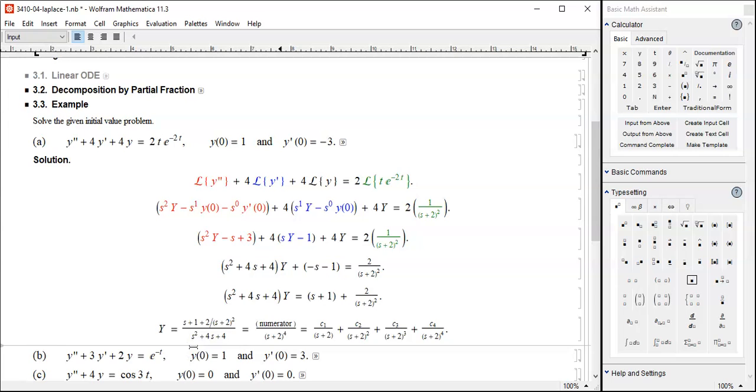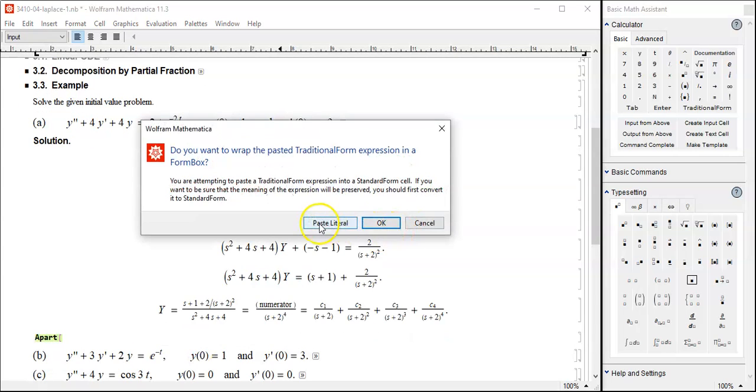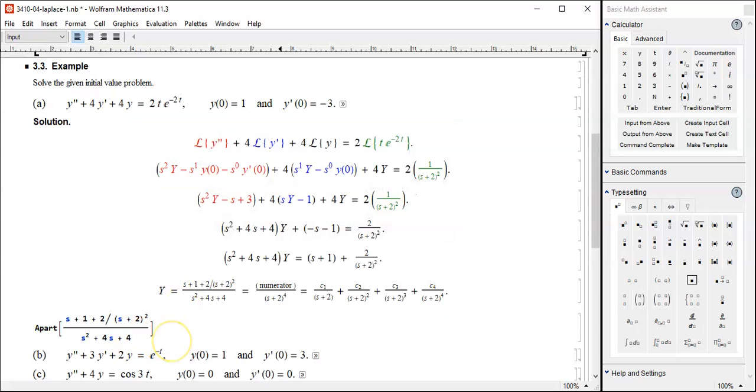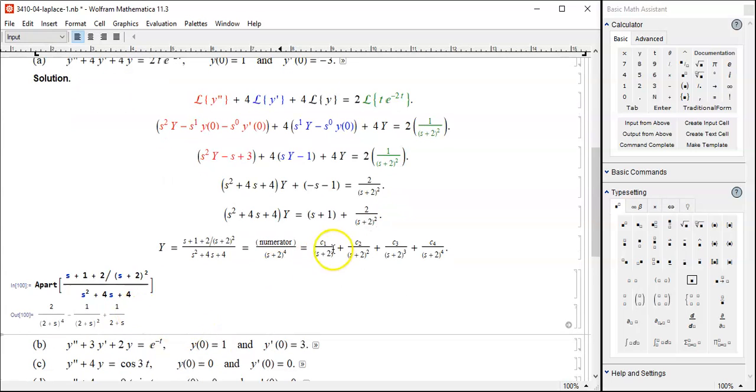Take that and I'll ask Mathematica to do the computation. And it appears that I'm going to get 1 over S plus 2 minus 1 over S plus 2 total quantity squared.